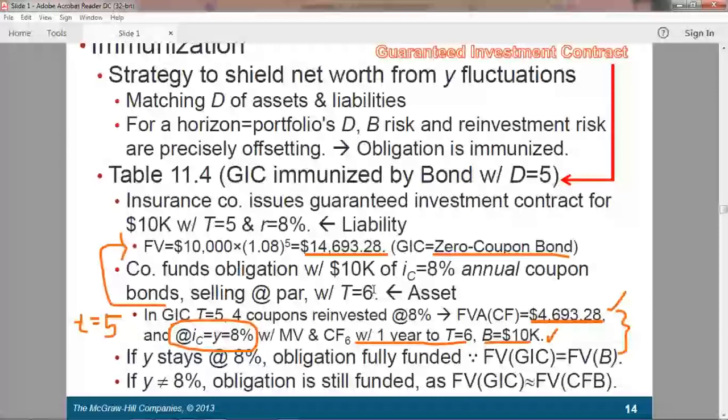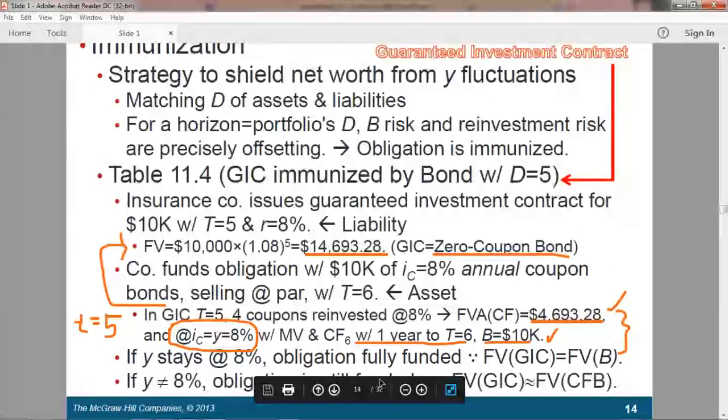I mean, they're not making anything at the end of year 5. Yeah, theoretically, if the interest rate doesn't change, it will be exactly this. Of course, then what's the point? Of course, this insurance company will invest in something that will pay a better coupon rate, and then they will have something left over. But again, let's assume this is the worst case scenario.